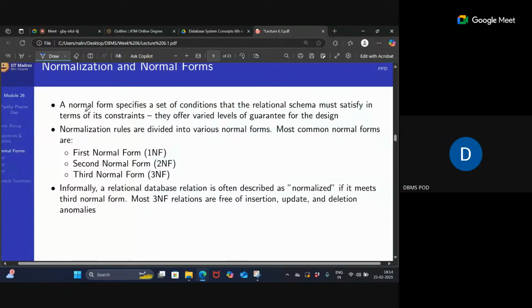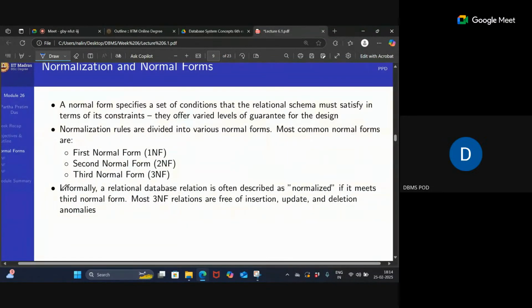Any normal form will specify a set of conditions that a relational schema must satisfy in terms of constraints. They offer varied levels of guarantee for the design. So normalization rules are divided into various normal forms.